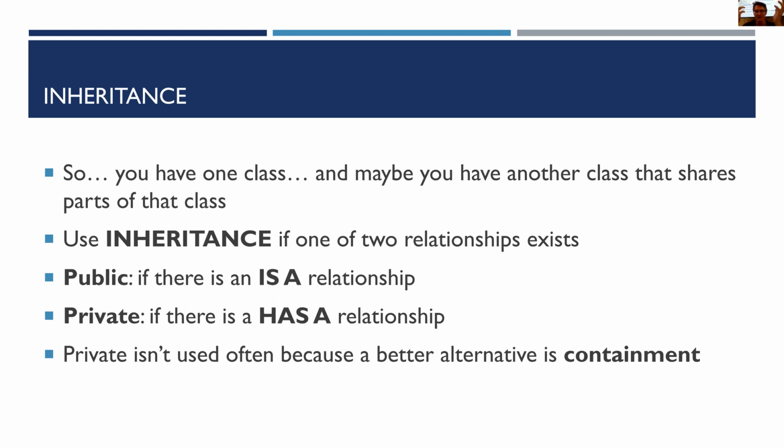They both have a height, an eye color, all that stuff. But with a CS major, you might have what classes they've taken in their major, which would be a different part of the object. Imagine having an eye color, I know that's crazy. Basically, you could make a CS major a child class of a person.